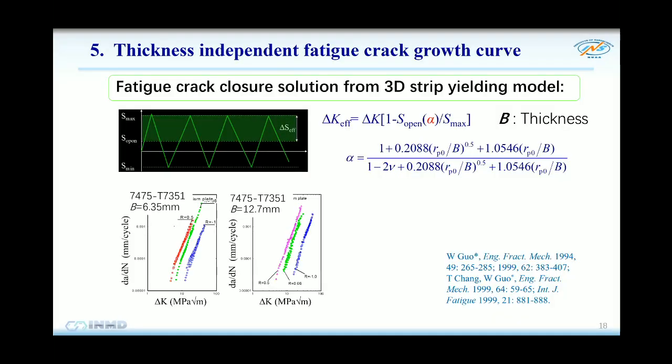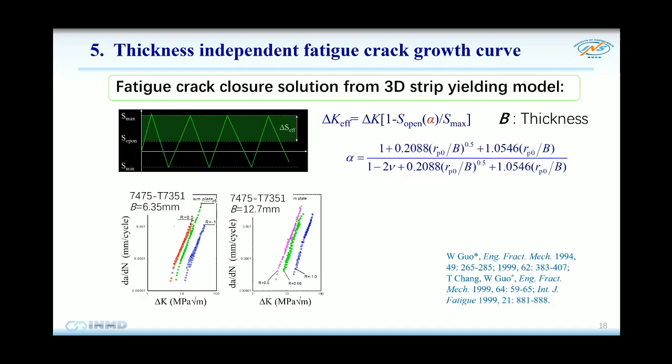And for fatigue, we already have a cyclical fatigue with the minimum and maximum strain, but the effective strain range for fatigue crack growth is only the part of the crack open. So we have to calculate the effective open part of the cycle like this way.